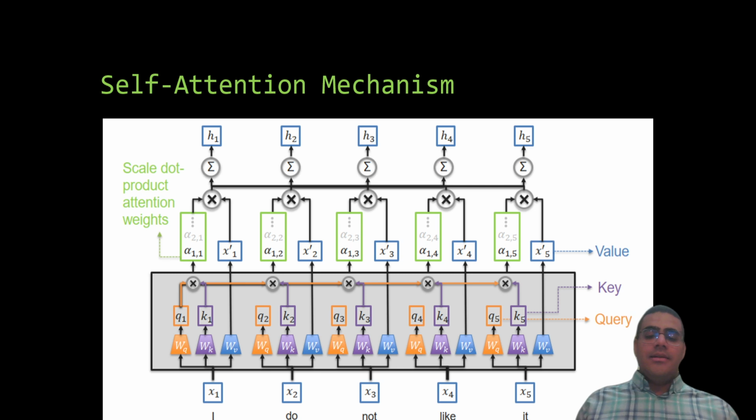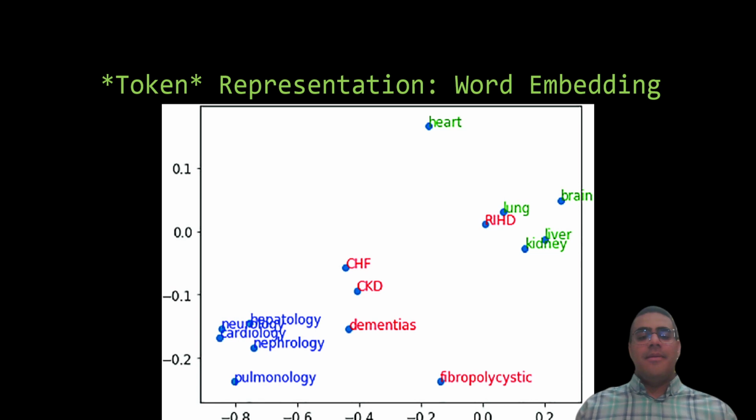Then it multiplies the result by the value vector, sums it up, and gives us the output. This is basically the self-attention mechanism. If we have multiple of these self-attention mechanisms working in parallel, we call them multi-head attention, or multi-head transformers. So this is what multi-head transformer means.